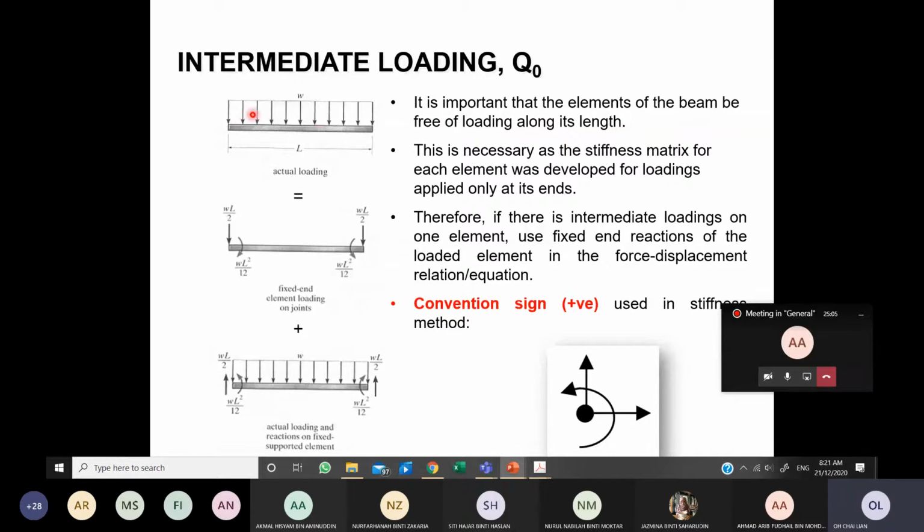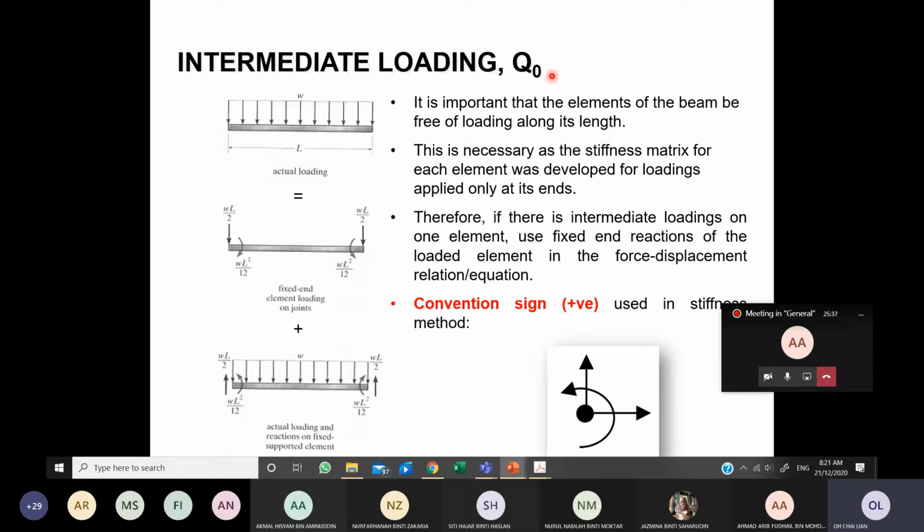Therefore, any loading, UDL in rectangular or triangular form, point load, and more, you don't want to create nodes in between, because they make your computational time complicated and long, especially with manual calculation.